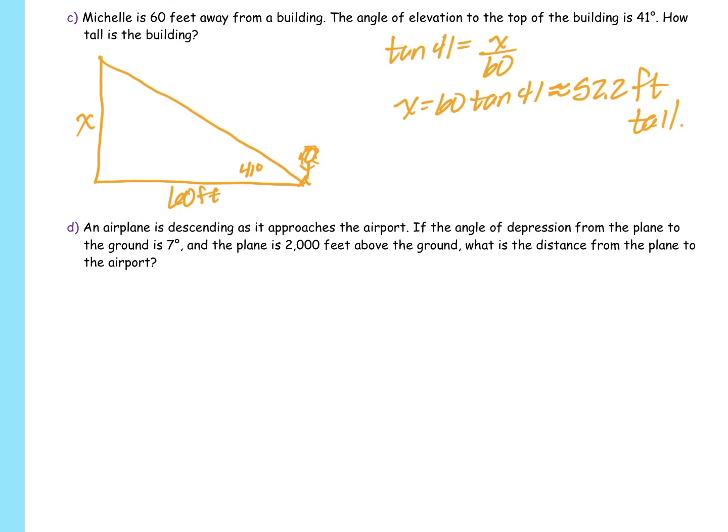an airplane is descending as it approaches the airport. If the angle of depression from the plane to the ground is 7 degrees, so here's my airplane. Great, it looks like a B, but whatever. The angle of depression is 7 degrees. And the plane is 2,000 feet above the ground.